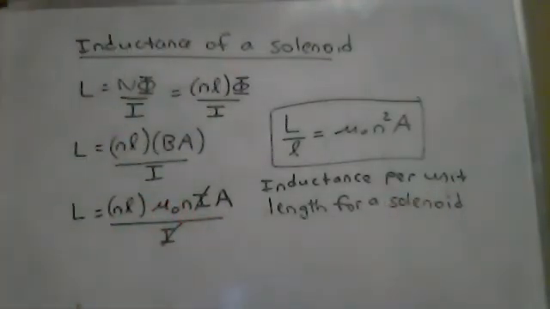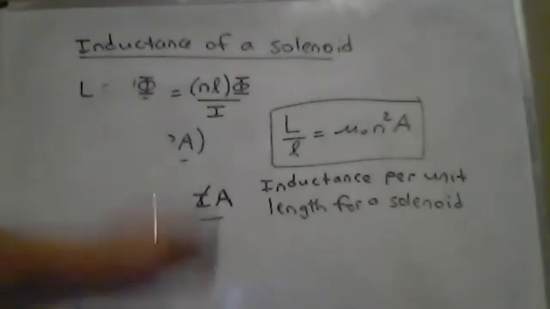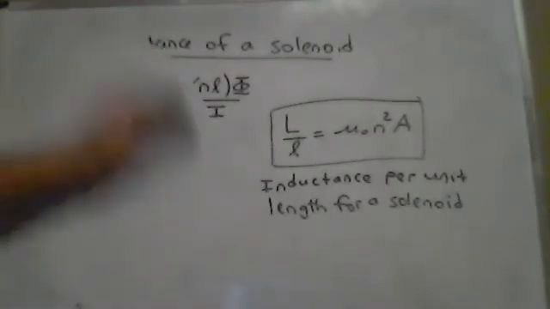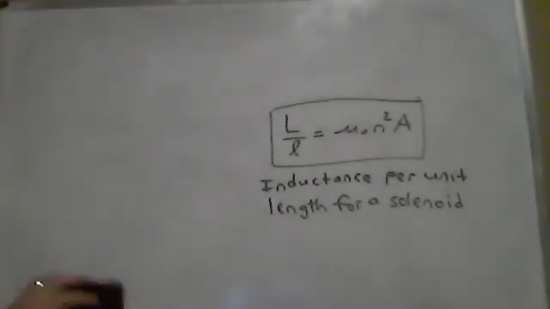Now, why do I want to write it like this? Why do I maybe not want to put the l on the right-hand side? Well, the reason is that you have nice parallel magnetic field lines through the center of the solenoid. But near the mouth of the solenoid, sometimes they diverge.